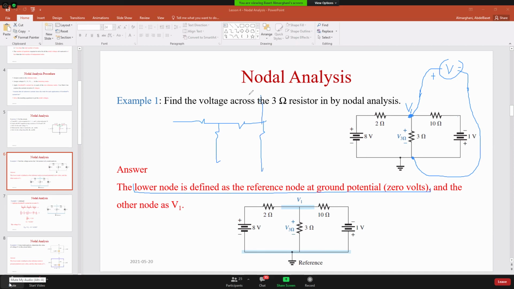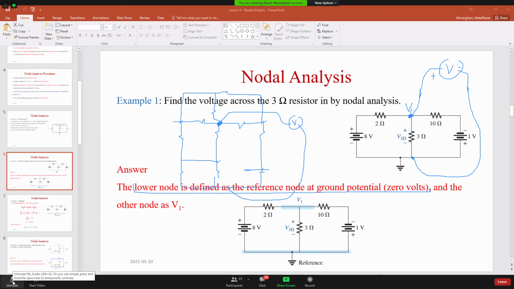So let's say that you have this. It has so many nodes. Whatever sources. And someone says find the voltage at this node. You have to know, find the voltage at this node, compared to what? We usually say compared to the ground or the reference.